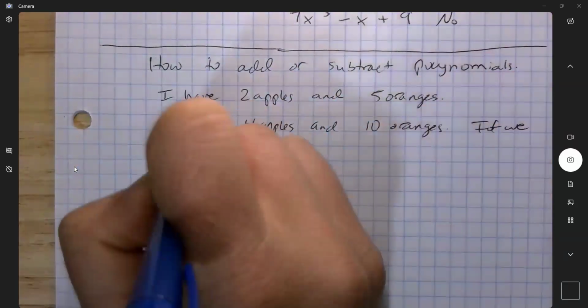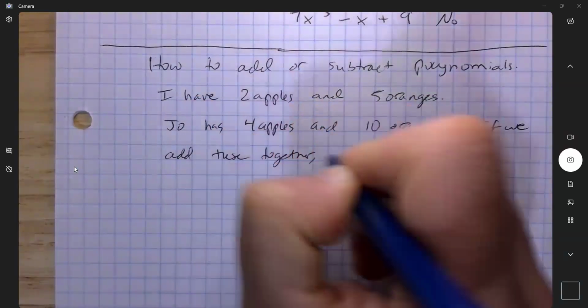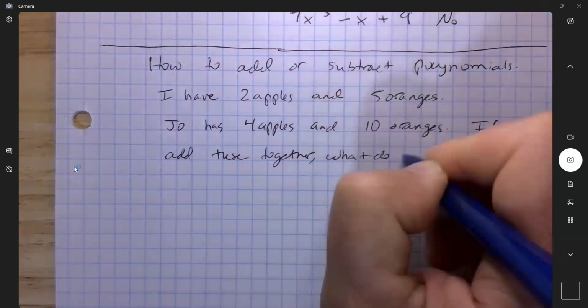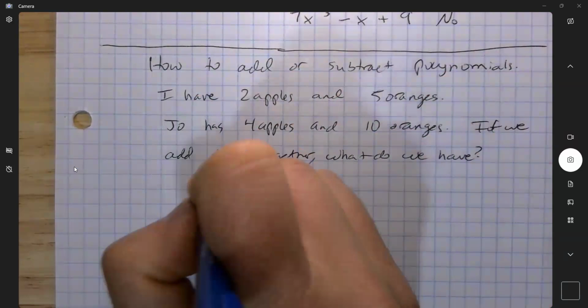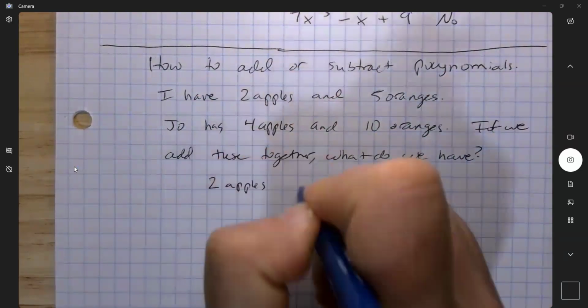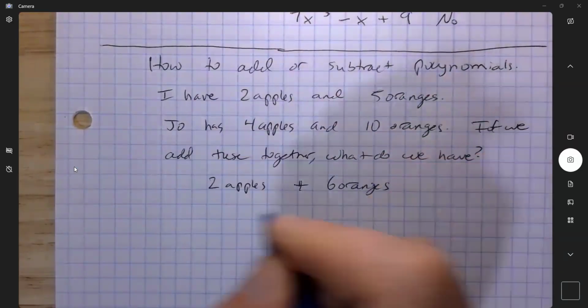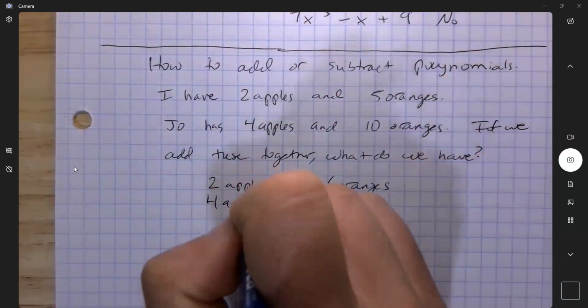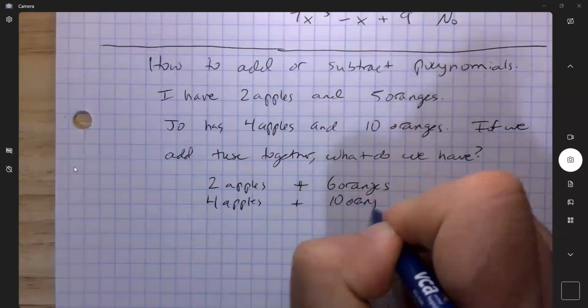If we add these together, what do we have? Well, I would say I have 2 apples and 5 oranges, and Joe has 4 apples and 10 oranges.